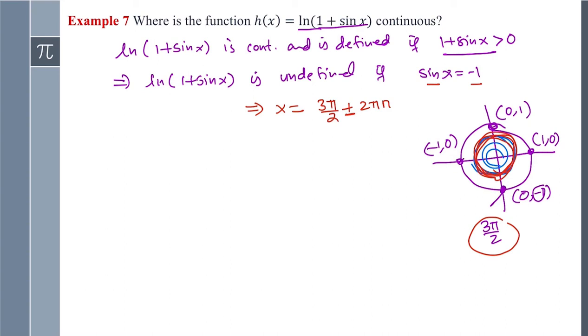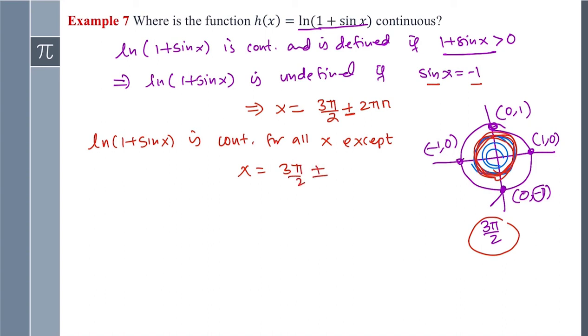So now we can write that natural log of 1 plus sine x is continuous for all x except x equals 3 pi over 2 plus or minus 2 pi n. So except this value, it's continuous everywhere.